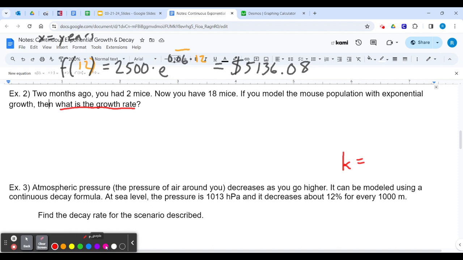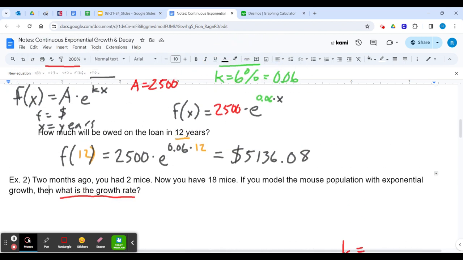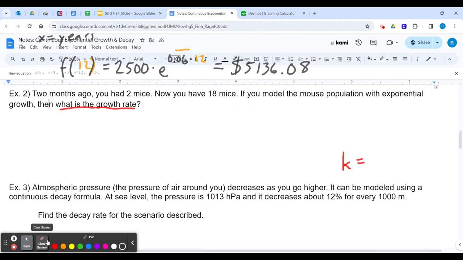So let's just kind of rewrite our formula at first. That formula I'm working with is going to be that f of x equals our amount times e to the k times x. All right, and in this case, my f is going to be mice.